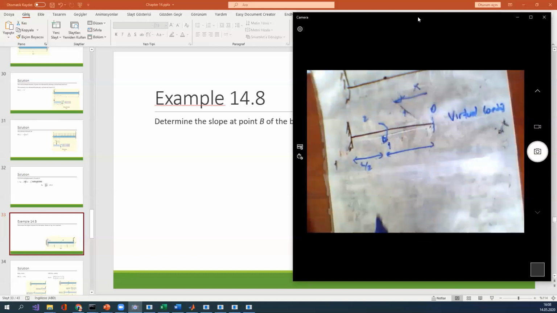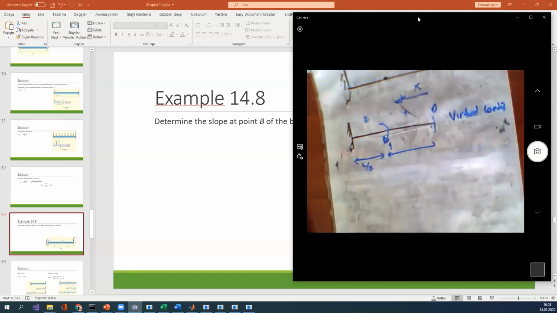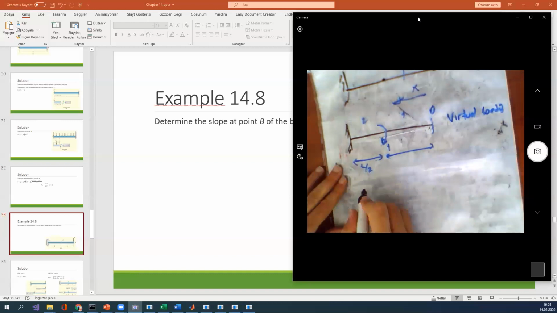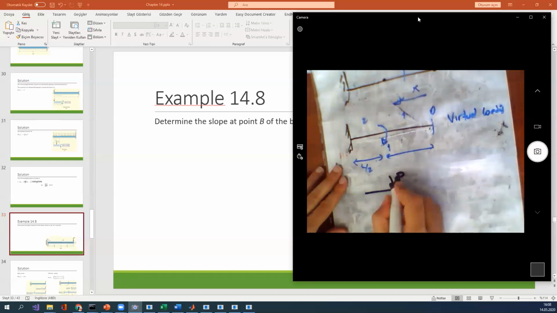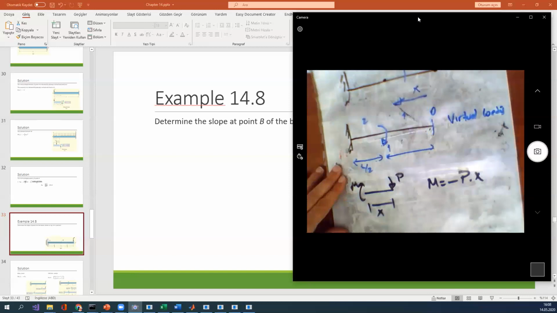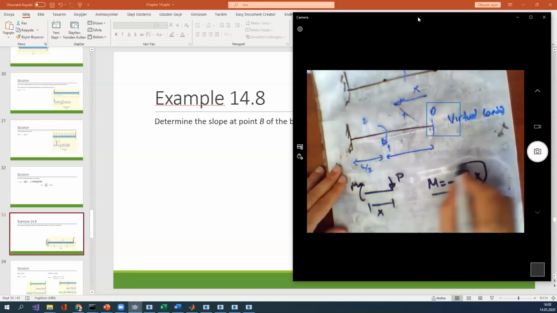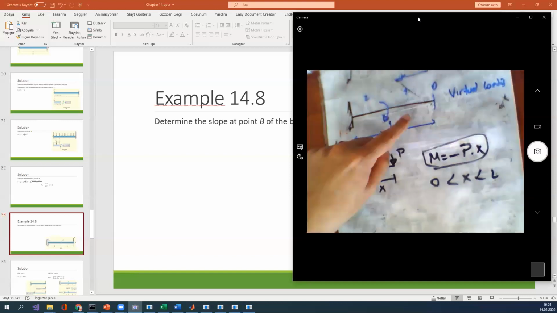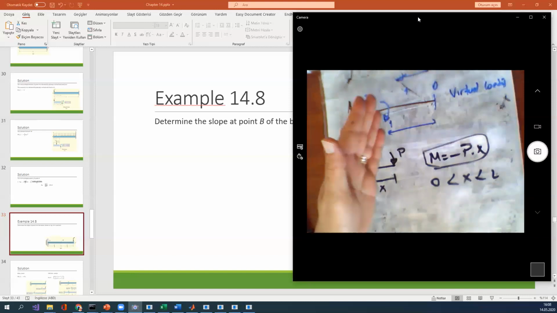You can see I take a cross section anywhere of the beam, and in here we have P, we have a moment in here, we have an x. M is equal to minus P times x, from 0 to L. So you can see for small m we have the moment change in two separate parts.